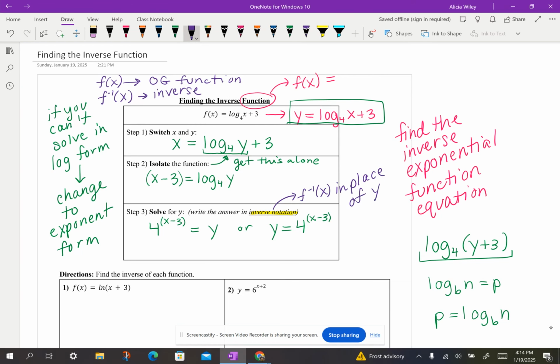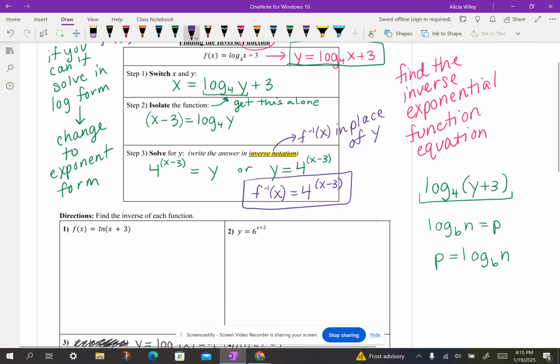Okay, now the reason we want to write it with f of x is because this is written as f of x. So I'm going to write this as f of x with my little inverse notation there equals 4 to the x minus 3.